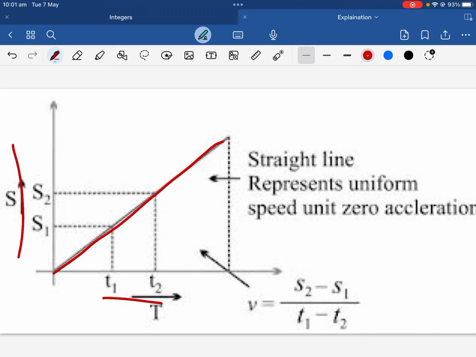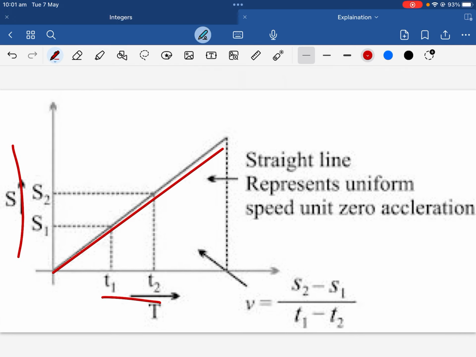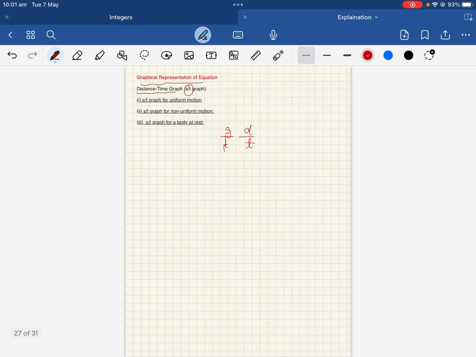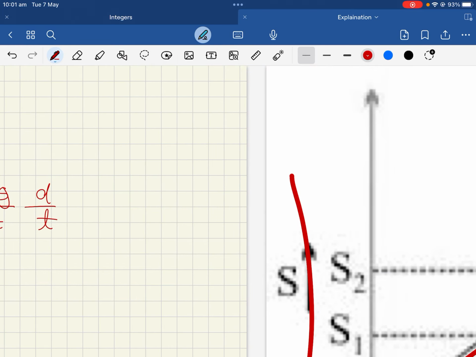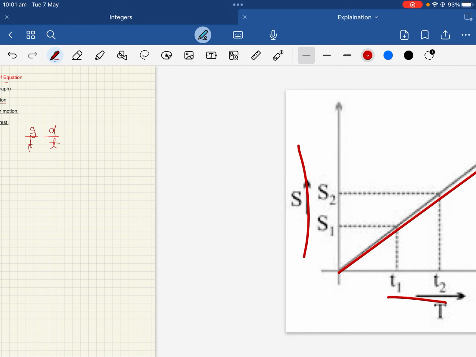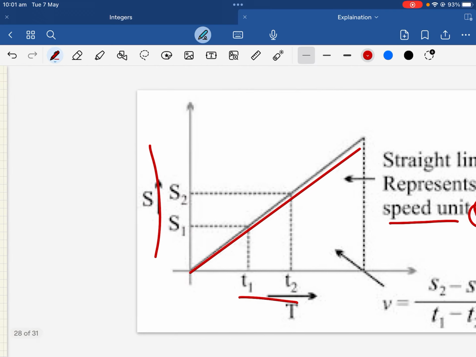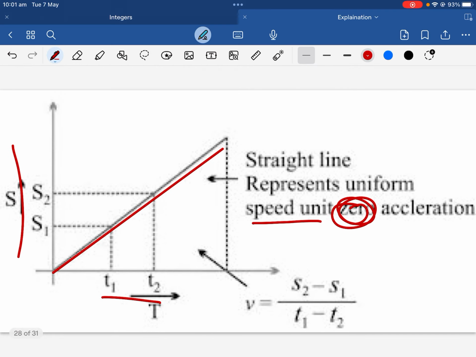This straight line represents speed, with 0 acceleration. Okay, this is a graph for uniform motion, so obviously the acceleration will not be there since acceleration is non-uniform motion. This represents the speed, this is the distance, and this is the time.